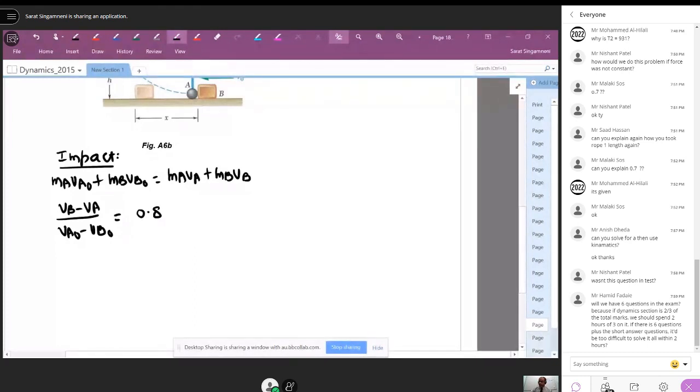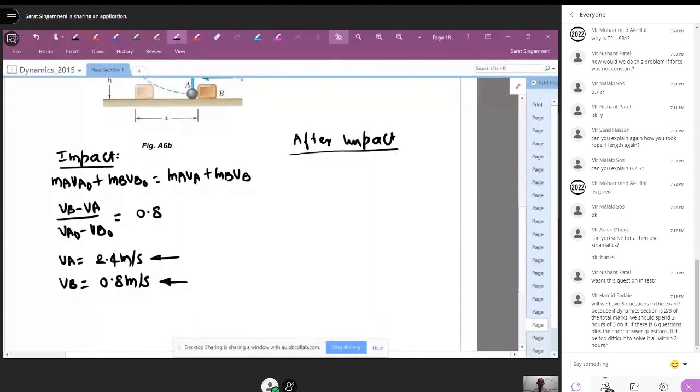Substituting the known quantities, developing the two equations, and solving for the two unknowns, we get VA as equal to 2.4 meter per second. It's going to the left. And VB is equal to 0.8 meter per second, also going to the left. You get negative values. After impact, the two masses are individually moving.